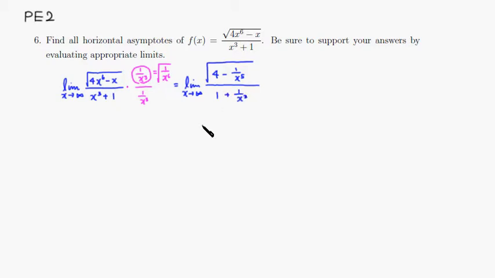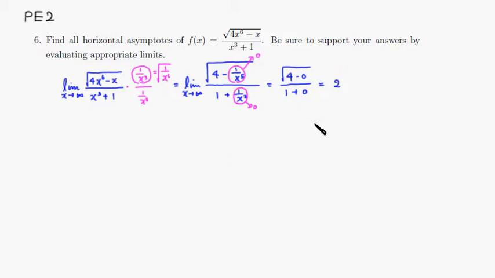As x approaches infinity, 1 over x to the 5th goes to 0, and in the same way, 1 over x cubed goes to 0. So you end up with the square root of 4 minus 0 over 1 plus 0, which is just 2 over 1, so the answer is 2.